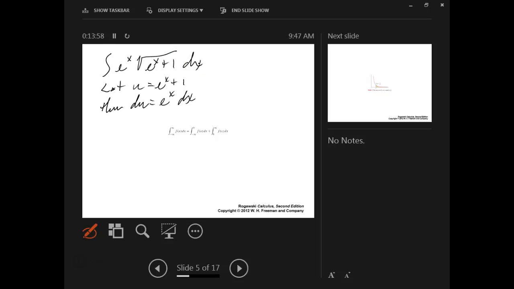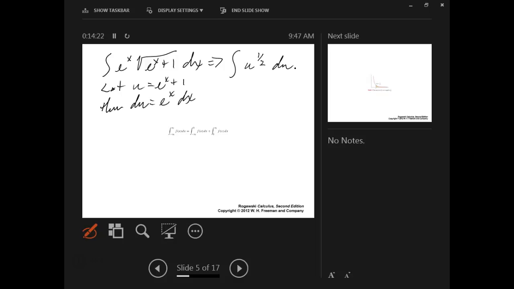So what does this become? Root u. I'm going to write that as u to the 1/2 power, that's square root of u.